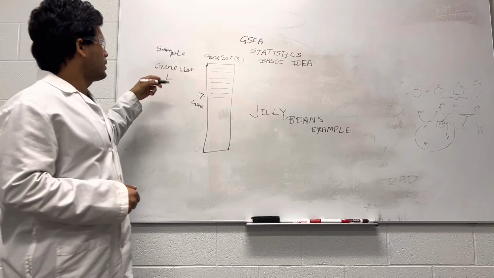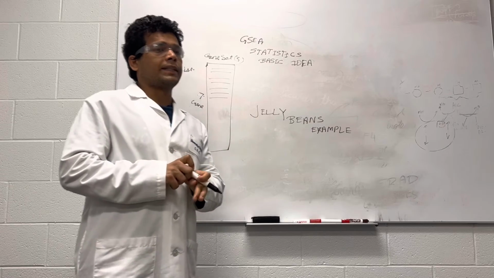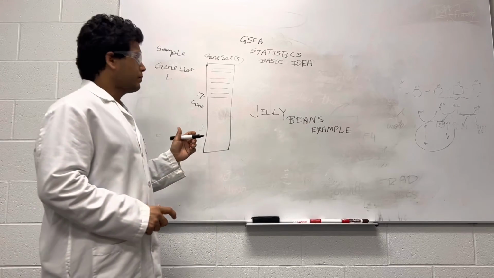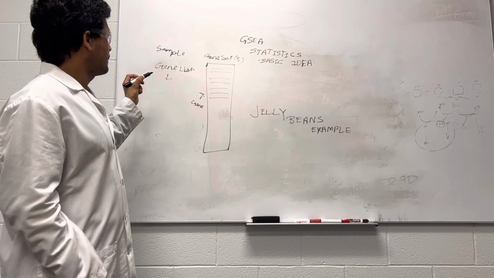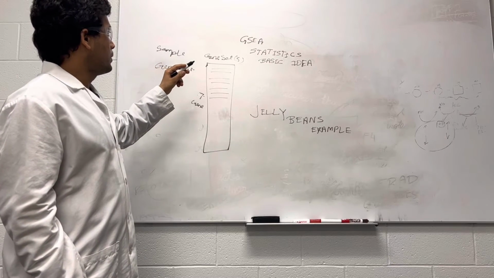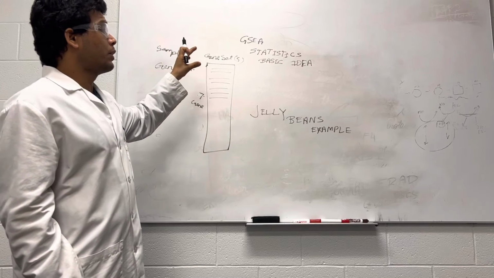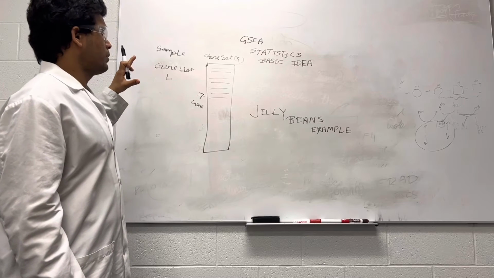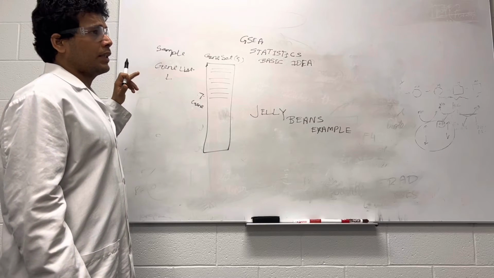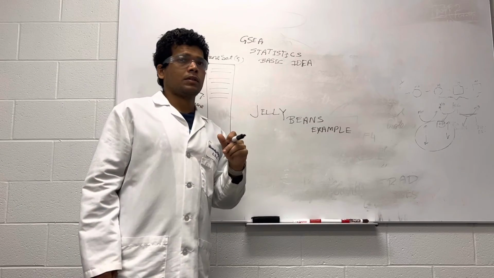Suppose this permutation is done 1,000 times. In that case, for each gene set we have a true enrichment score and 1,000 enrichment scores from randomly assigned data.